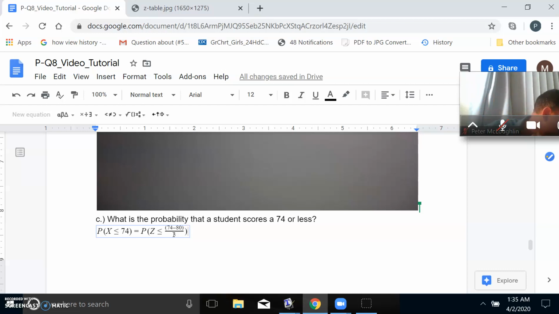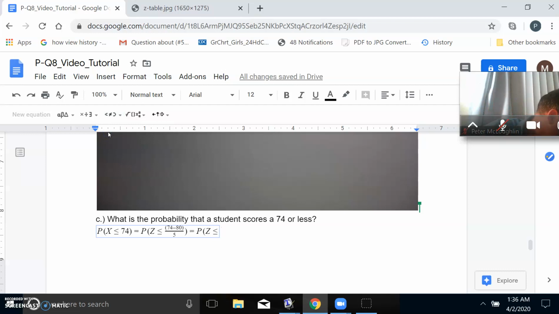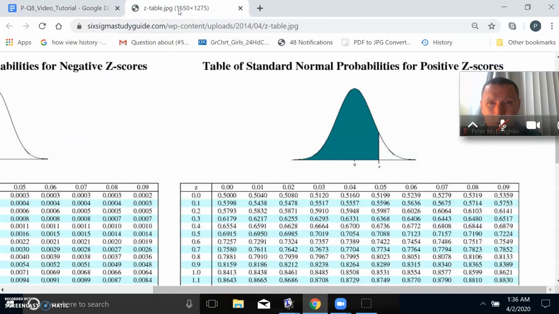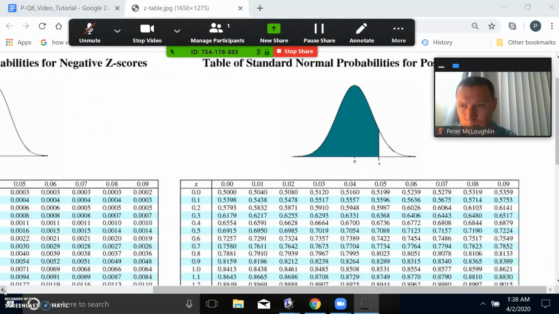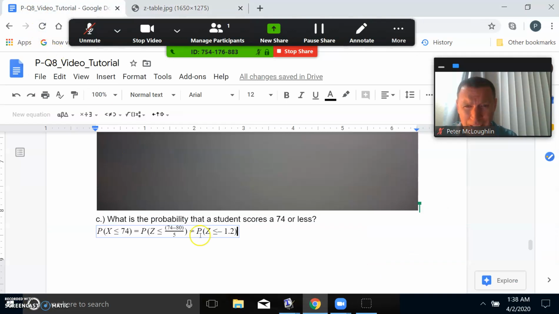Okay, so working this out, you can check if you do that fraction and reduce it, change it to a decimal, it's negative 1.2. Okay, so let's go to our table to find this guy. So here's my table. Now my value was negative 1.2.